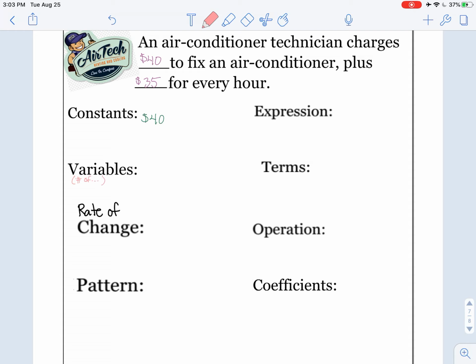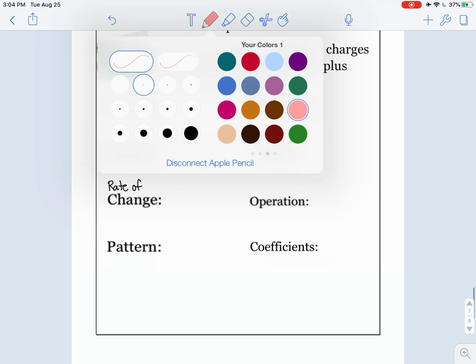What don't we know? Well, we know the number of dollars. We know it's $40 and $35. What we do not know is the number of hours. Our total money is going to depend on the number of hours the repair person is working on the air conditioner. And so let's assign that the letter H.